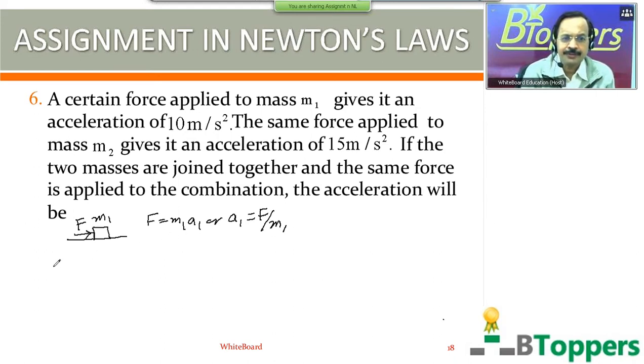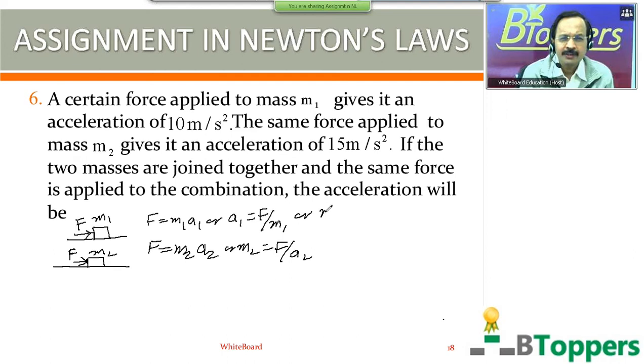In the second case, the same force is applied to a mass m2. If we apply Newton's second law for the second case, you can write F equal to m2 a2, or m2 equal to F by a2. In the first case, you can write m1 equal to F by a1.